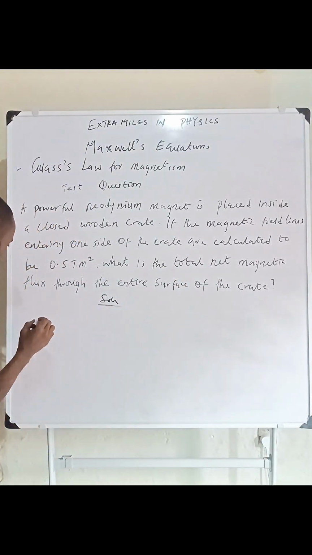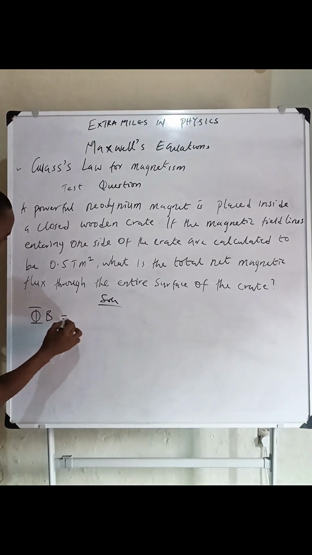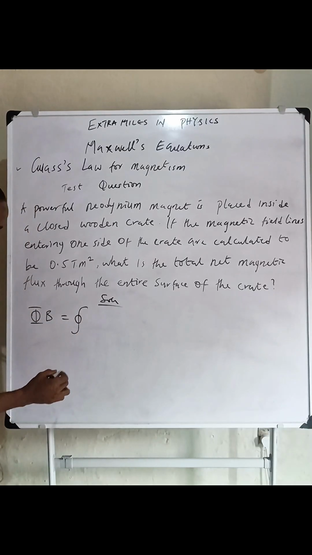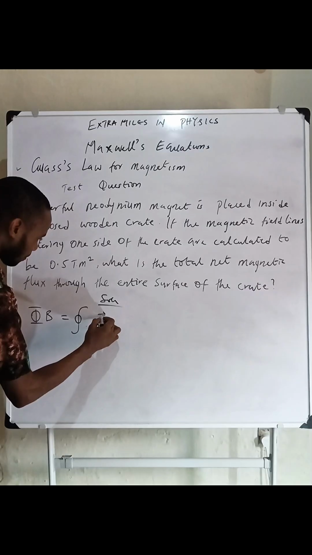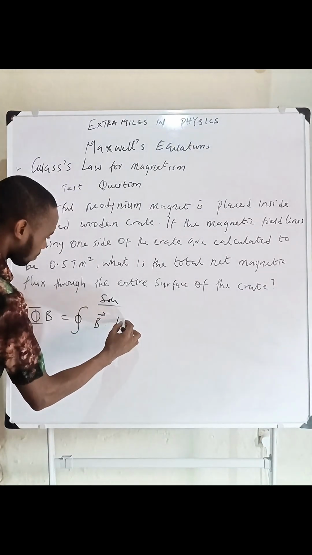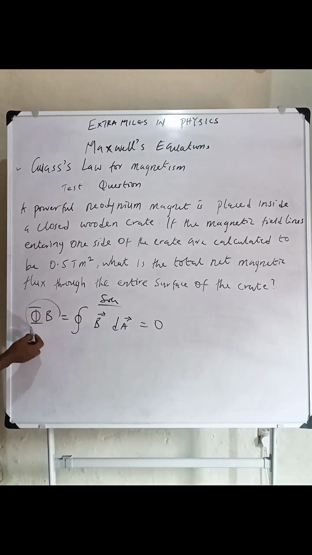Is zero. Now, magnetic flux, which will be this, is equal to, remember our formula, we had something like this, right? We had something like this, is equal to what? Zero. So this is our magnetic flux.